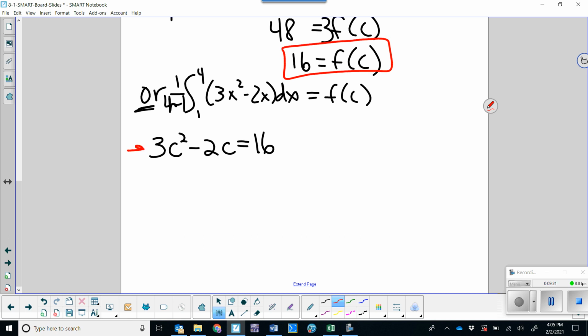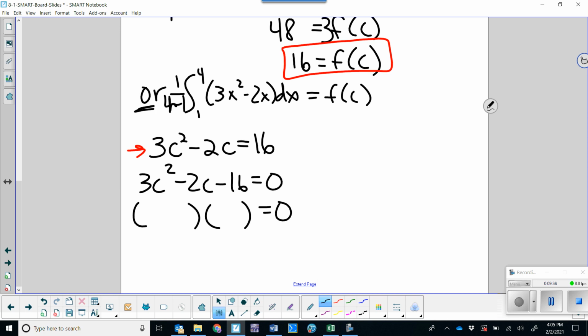So I plug c in for the function, and then I need to solve it. So I have 3c squared minus 2c minus 16 equals 0. This is, of course, a quadratic. I need to factor it. Remember how factoring needs to be second nature. So I'm going to go through the factoring here, but if you want to, you could pause the video, then you factor it and make sure you know how to do it. So that's a very good suggestion.